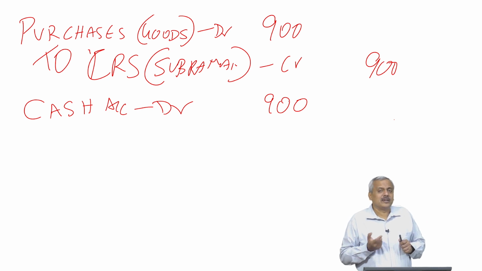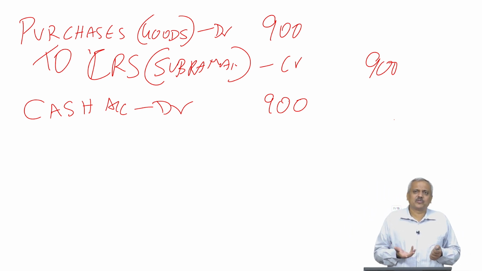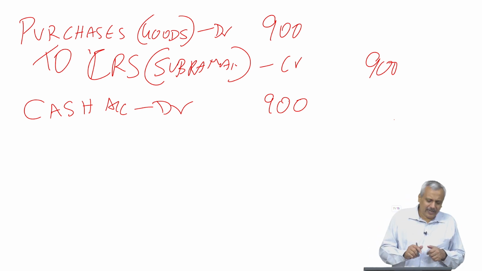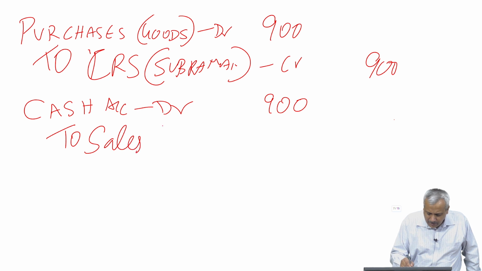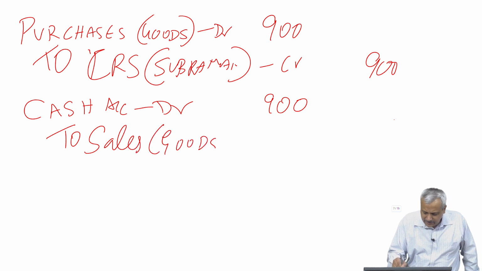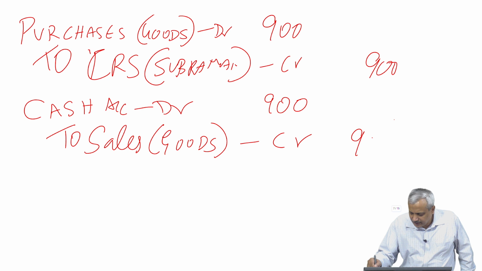Who is the giver? Pataudi. Why are you bothered about Pataudi? You have sold goods and received the cash, there is nothing due. Debit what comes in, credit what goes out. Goods are going out of the factory, that is what we credit, rupees 900.